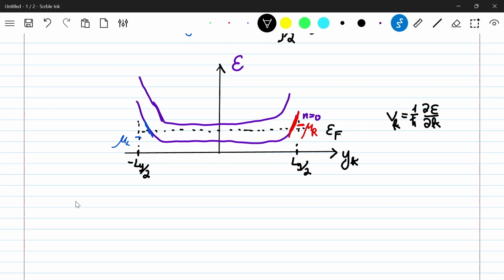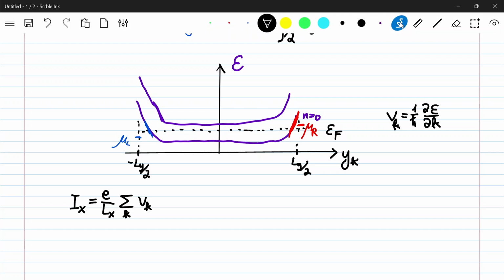So I'm computing the total current in the x direction, just counting the contribution from all the states, characterized by these k values. The expression is E over Lx times a sum over all k states of Vk, where Vk is this group velocity.